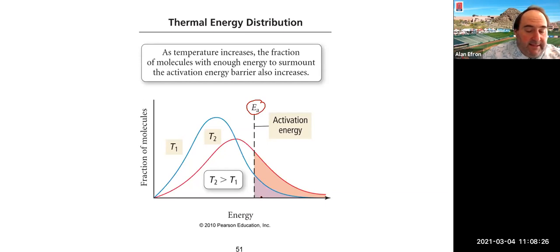At the lower temperature, we really only have about this much proportion of molecules that have enough energy to get up and over to the other side. While when we look at the red or higher temperature, we see a much bigger area of molecules that have a sufficient amount of energy to make it up and over to the other side.